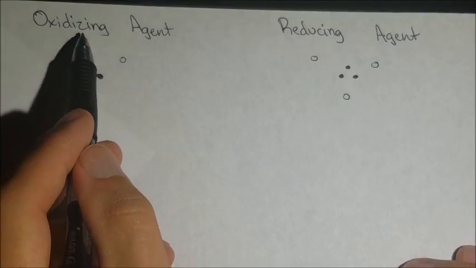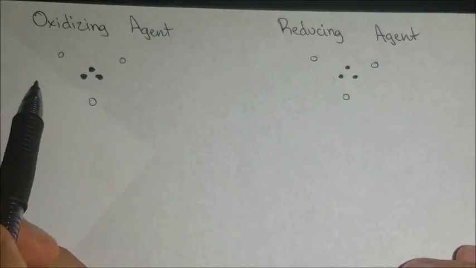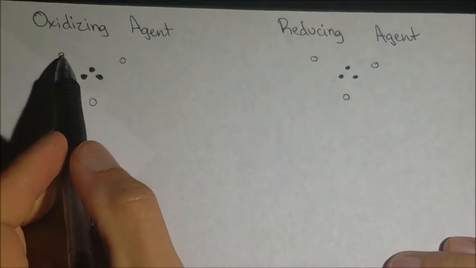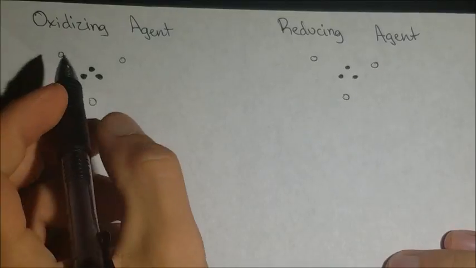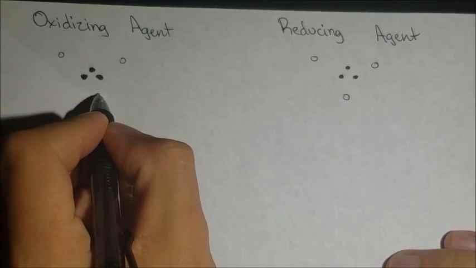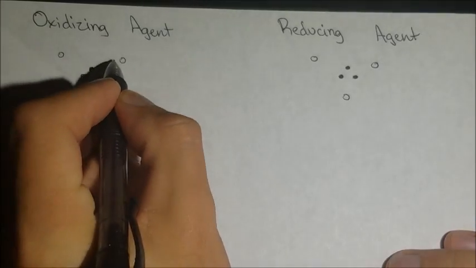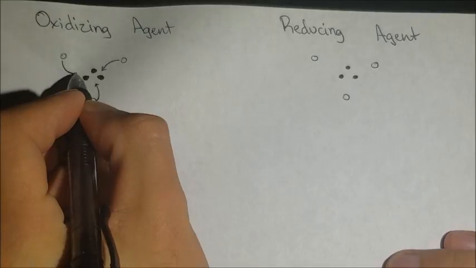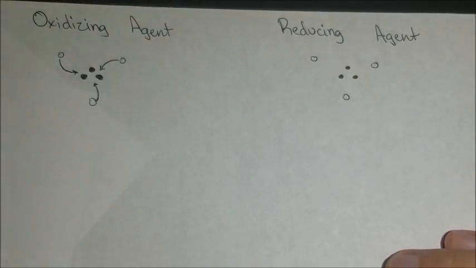So for something to be an oxidizing agent, what we're saying is that this is an atom or a molecule that does an oxidation on something that's surrounding it. So here we've got some surrounding atoms. What's going to happen here is if these are electrons, these electrons are going to get taken up by the oxidizing agent. They're going to get taken up like this. All right, so we're going to take up these electrons.